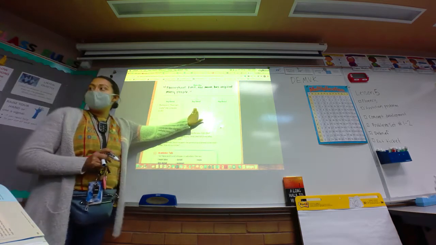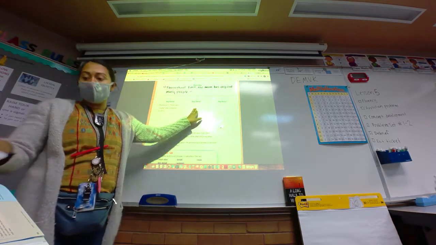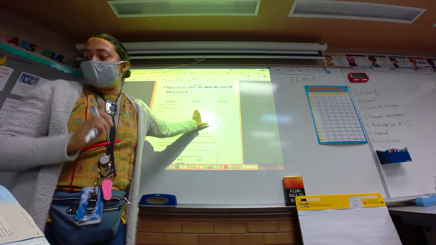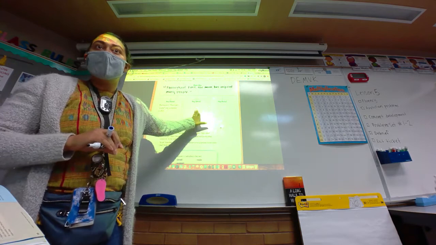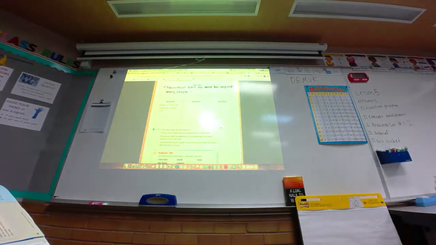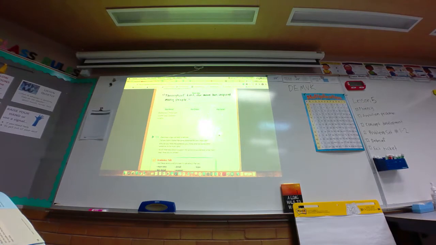So what is another detail in the story that tells us that people have been inspired by the moon? Go back to your page 10, underline it, and then raise your hand once you think you found another key detail.